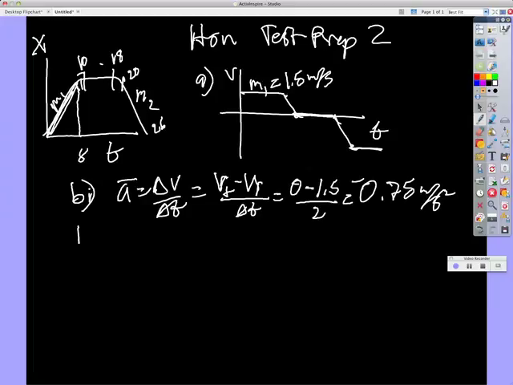Then B-II says, on the box below that represents the elevator, draw a vector to represent the direction of this average acceleration. Well, one word: if this is negative, which way does it point? Yeah, down. Acceleration's down from 8 to 10 seconds.